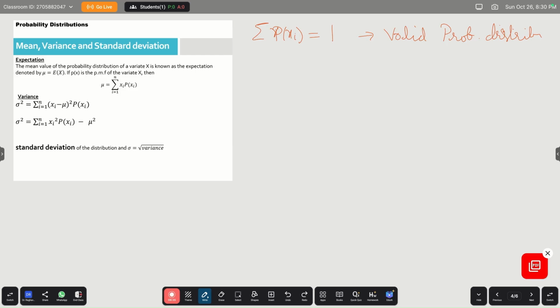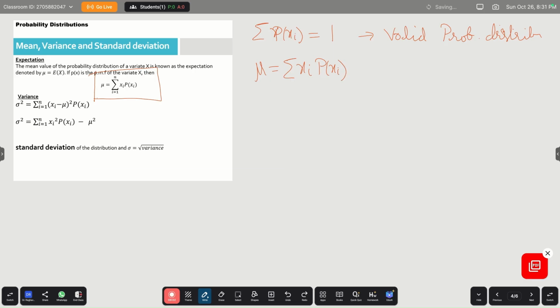But in the case of a probability distribution, you cannot add all the values of x and divide by n, because every data point in a probability distribution has different weightages, different probabilities. So we need to follow this formula: mu, the notation for mean, is equal to summation of xi multiplied by P of xi.